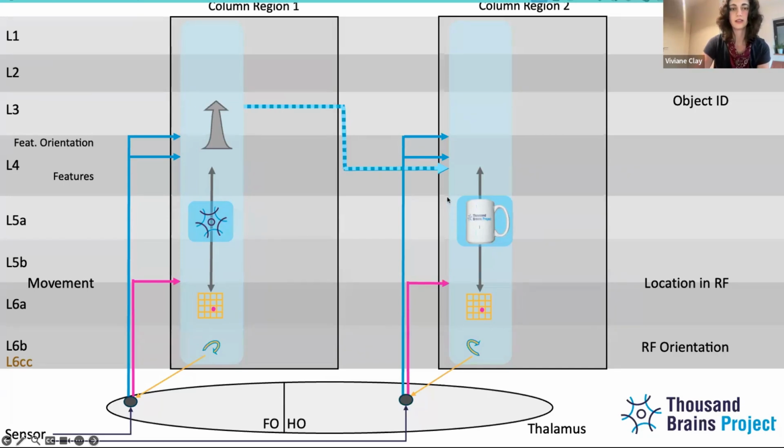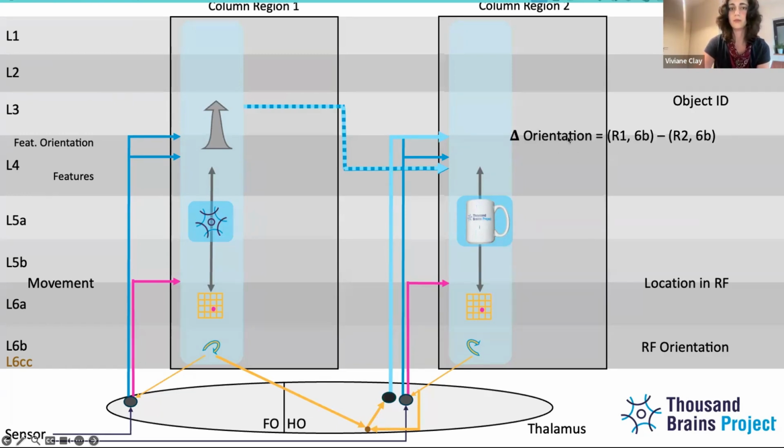And additionally to storing that the logo exists at these locations on the cup, it will also need to know the orientation of the logo relative to the cup. And for this, the proposed mechanism is that we can take the orientation in which the logo was detected and the orientation of the cup and calculate the difference of the two. And that difference will then be the feature orientation input to the higher level column.